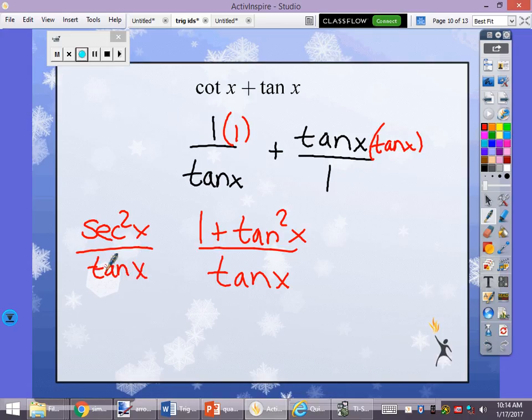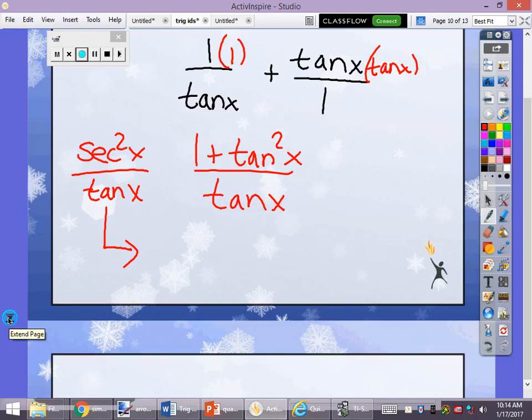Again, there was another way to do this problem, but at the end we should all simplify to the same. Now, this is not basic trig, so let's rewrite both of them using only sines and cosines. So this becomes 1 over cosine squared x divided by, what is tangent using sines and cosines? Sine x over cosine x.